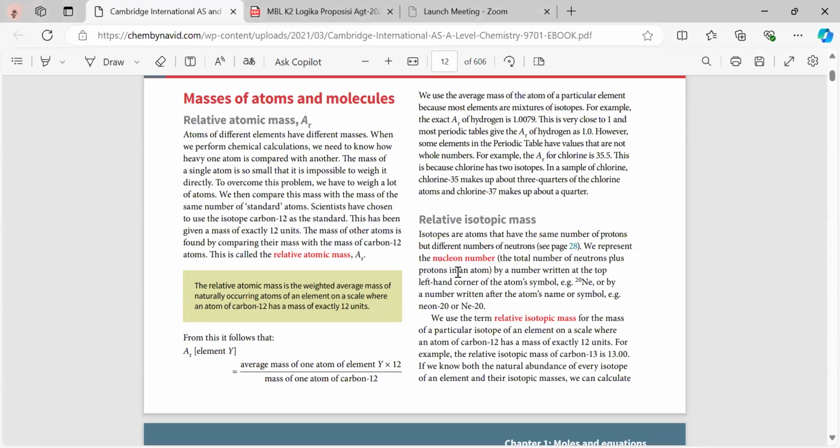Next we have the relative isotopic mass. Isotopes are atoms that have the same number of protons but different numbers of neutrons. We represent the nucleon number, the total number of neutrons plus protons in an atom, by a number written at the top left-hand corner of the atom symbol.